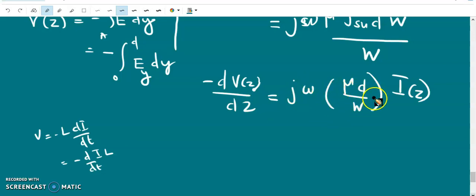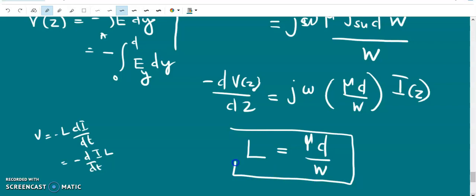So, this has the dimension of inductance per unit length. So, this is equal to L, the inductance per unit length of the transmission line. So, mu into d by w forms the inductance per unit length of the parallel plate transmission line.